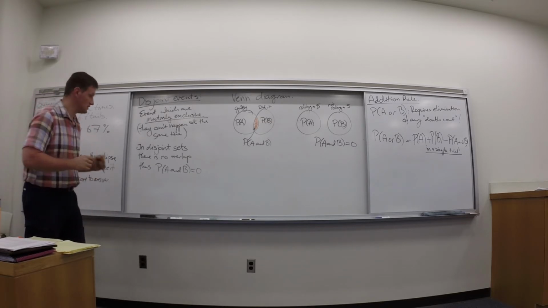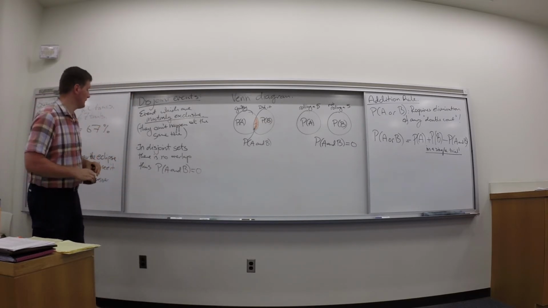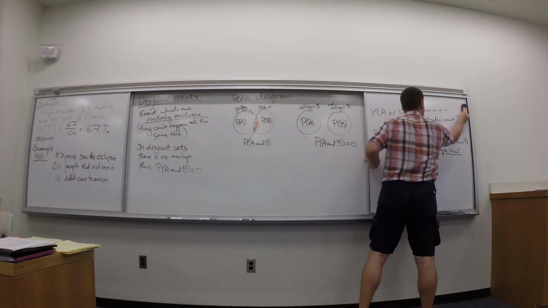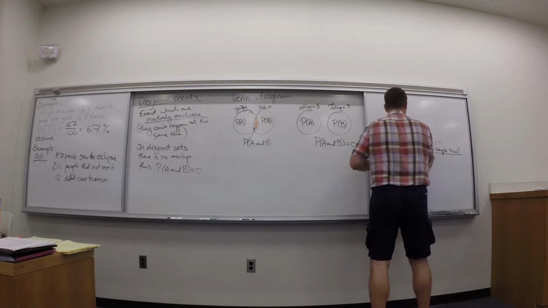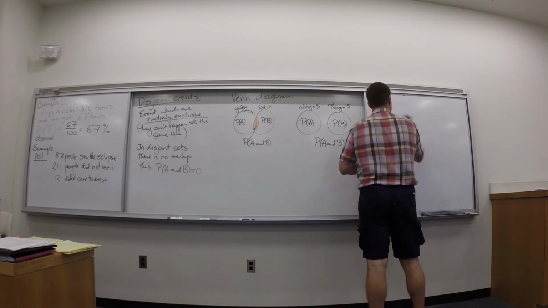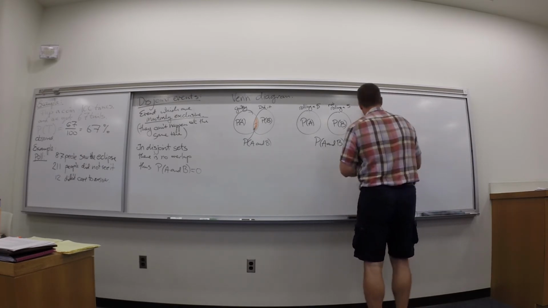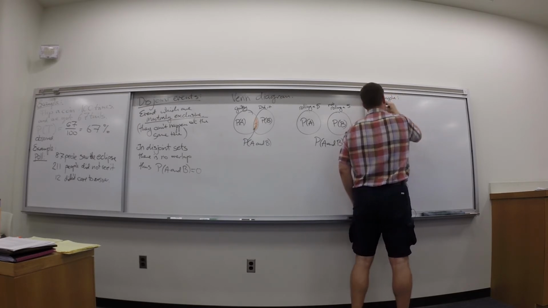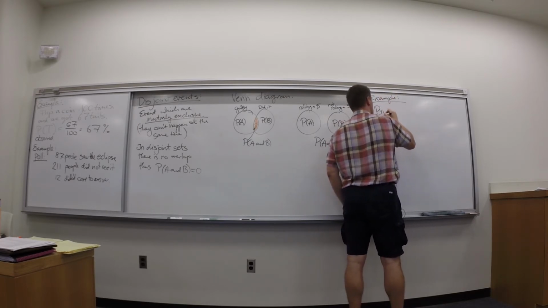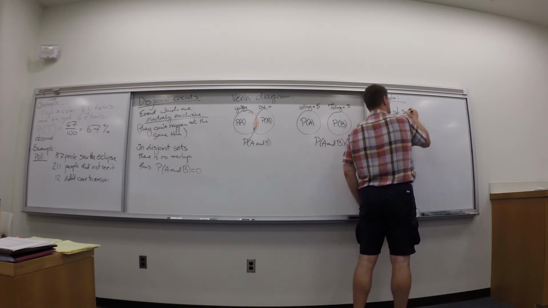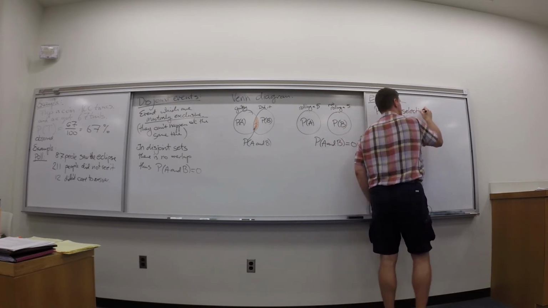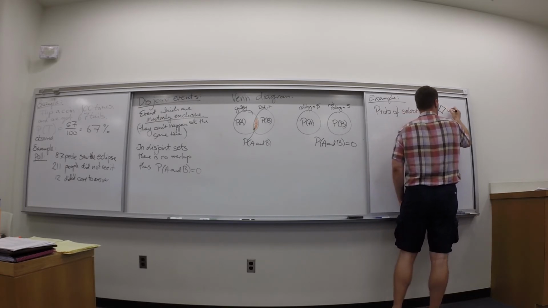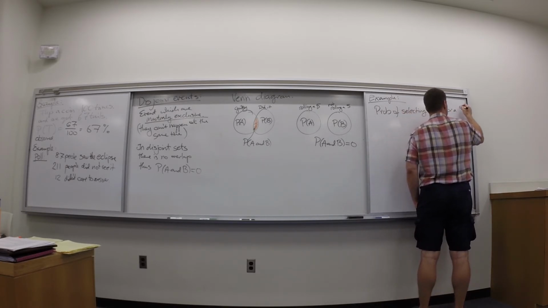All right, so let's do some examples. Example number 1, the probability of selecting a diamond or a club.